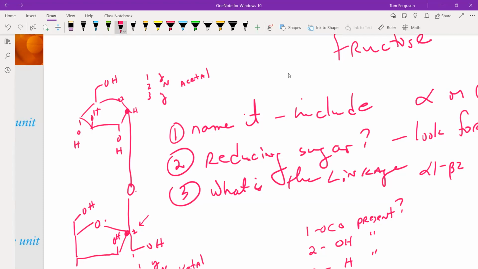Alpha 1 because anomeric carbon number 1 and it's going down in the alpha position. Beta 2, anomeric carbon number 2, and the OH was going up when it started. That's what makes sucrose. It's got to be alpha 1, beta 2. And it's not a reducing sugar. There's no hemiacetal present.